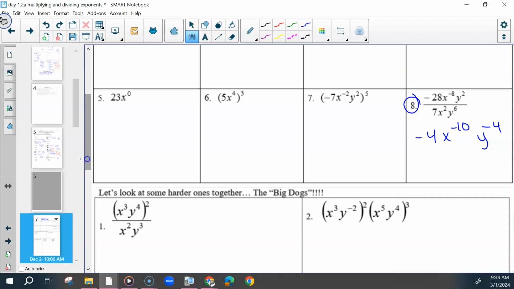How would we do that? So the negative 4 is actually going to stay in your numerator, but the other two are going to come down. So negative 4 over x to the 10th, y to the 4th. Questions on that one? Any confusions? Something doesn't make sense? Other questions in that section 1 to 8?